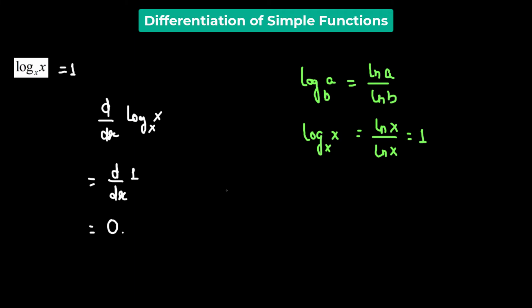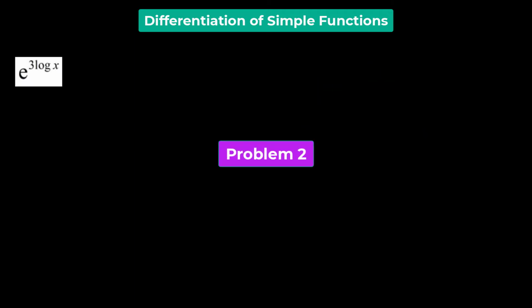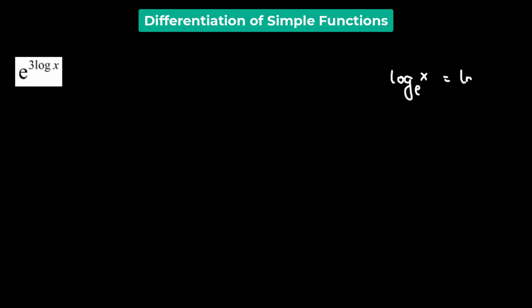Let's do another one. So here we have the function given by e to the power 3 times logarithm of x. Usually in calculus, for the logarithm of x, the base is not mentioned. When the base is not mentioned, we assume that the base is e, so this is simply the natural logarithmic function unless specified.